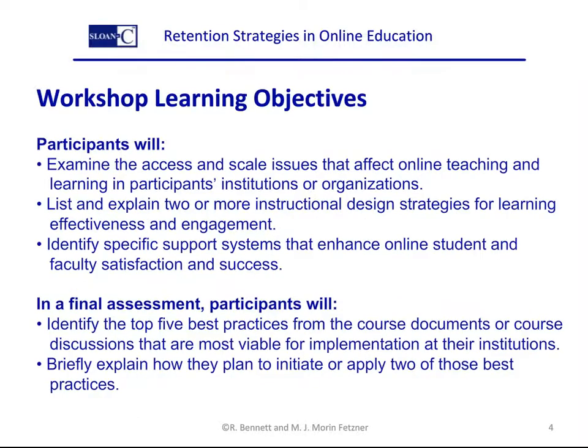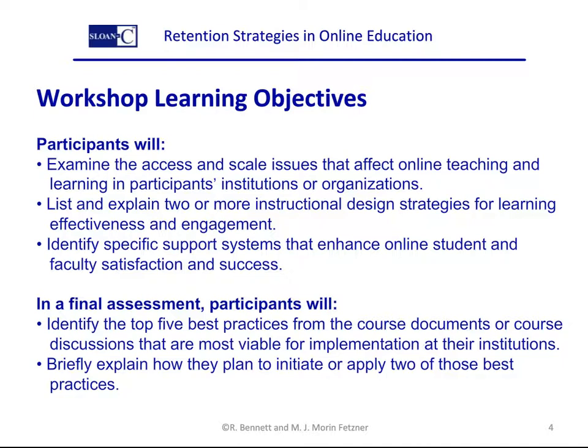In this workshop, you will examine access and scale issues that affect online teaching and learning in your own institutions or organizations. You will list and explain 2 or more instructional design strategies for learning effectiveness engagement. You will identify specific support systems that enhance online student and faculty satisfaction and success.